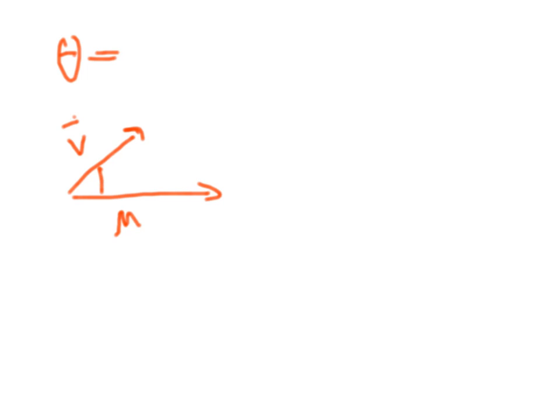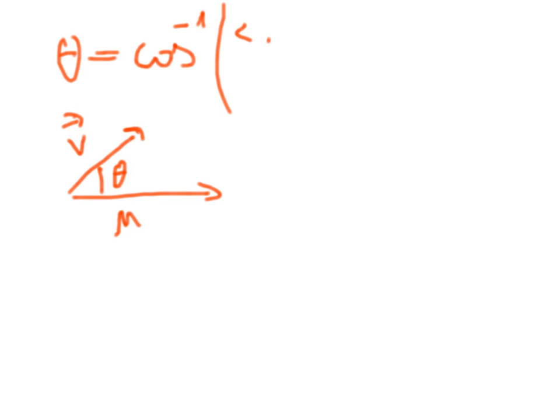You already did this, but just to do it again, we saw that theta, the angle between two vectors u and v, is by definition the inverse function of the cosine of a ratio.